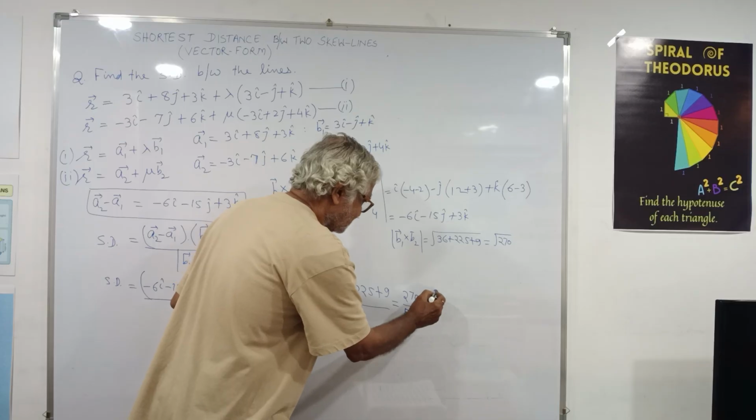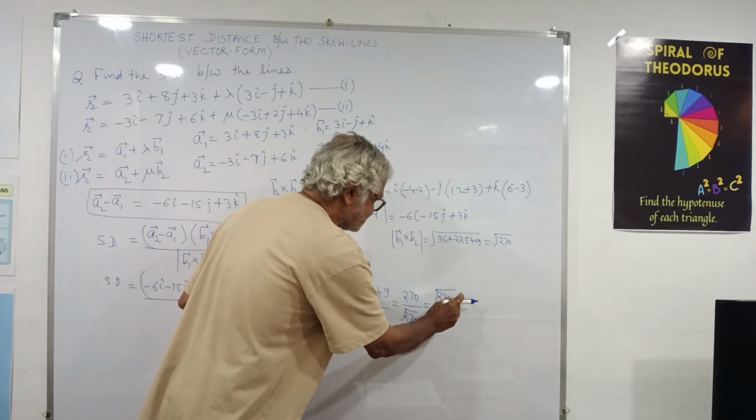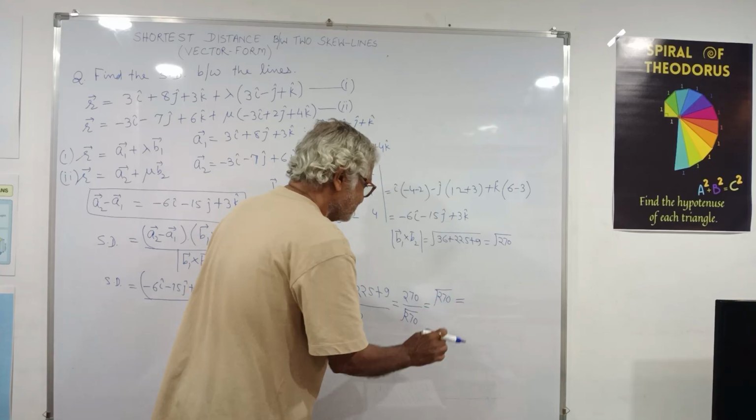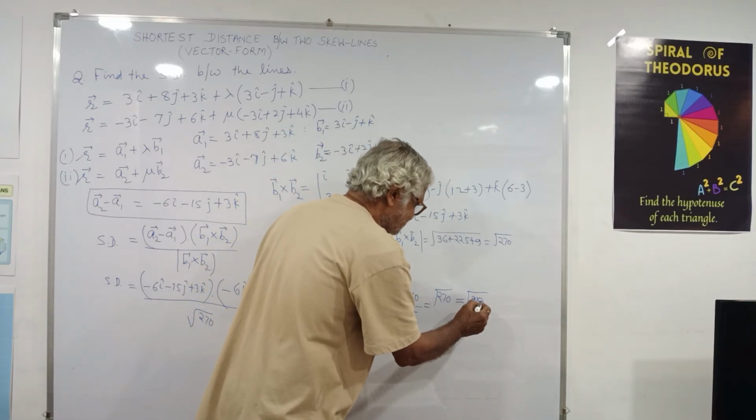So equals under root 270, equals 9 into 30.